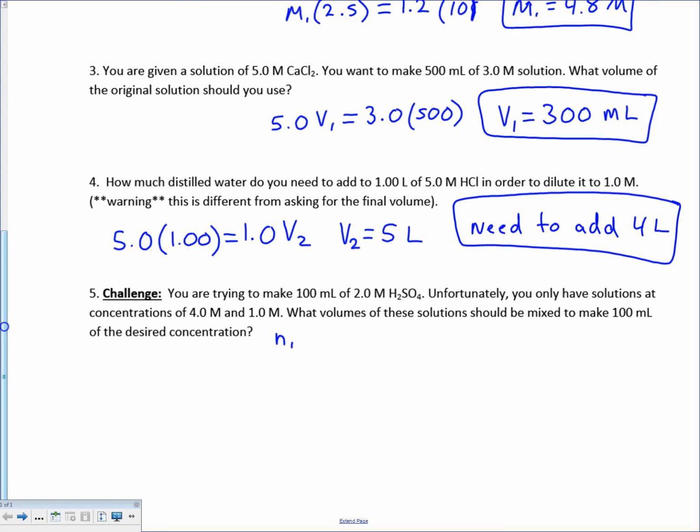So I know n1 plus n2, the number of moles in both of the original solutions that we're mixing, ends up equaling the combined number of moles after we mix them together. Then, taking advantage of the fact that the number of moles equals molarity times volume, we get M1V1 plus M2V2 equals M3V3.